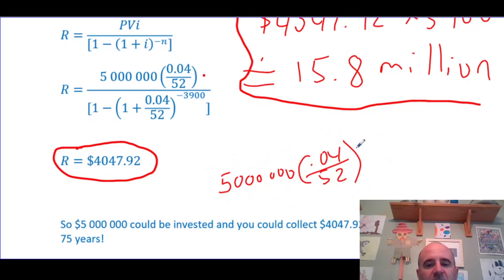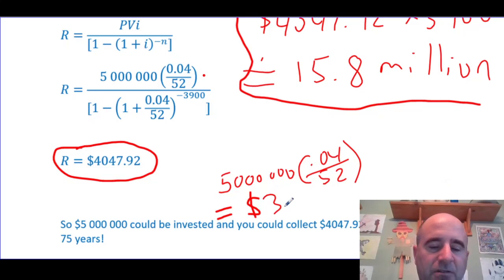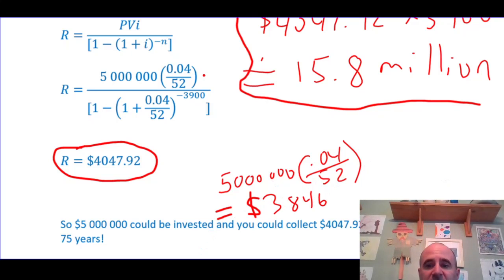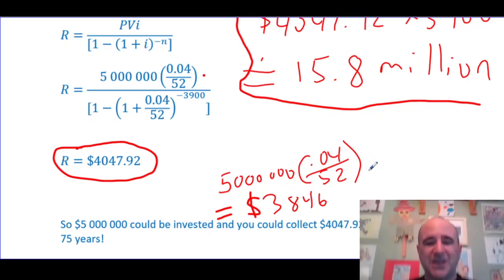Well, during that week, there's your weekly interest rate, 4% divided by 52 times 5 million. That's just the interest that the money would collect while you didn't do anything with it for a week. That's actually a fairly large number. It gives you about $3,846, if I round to the nearest dollar. So that's how much interest $5 million collects in just 1 week.